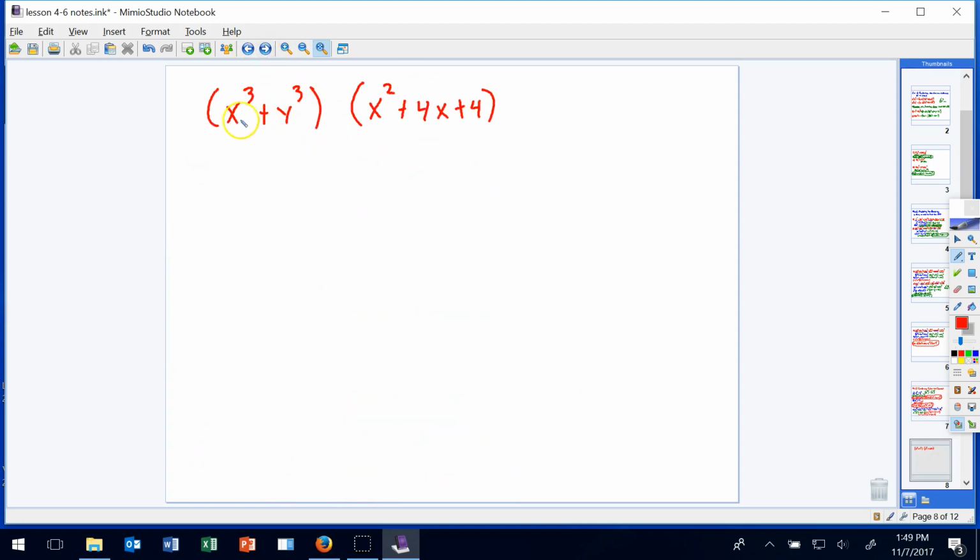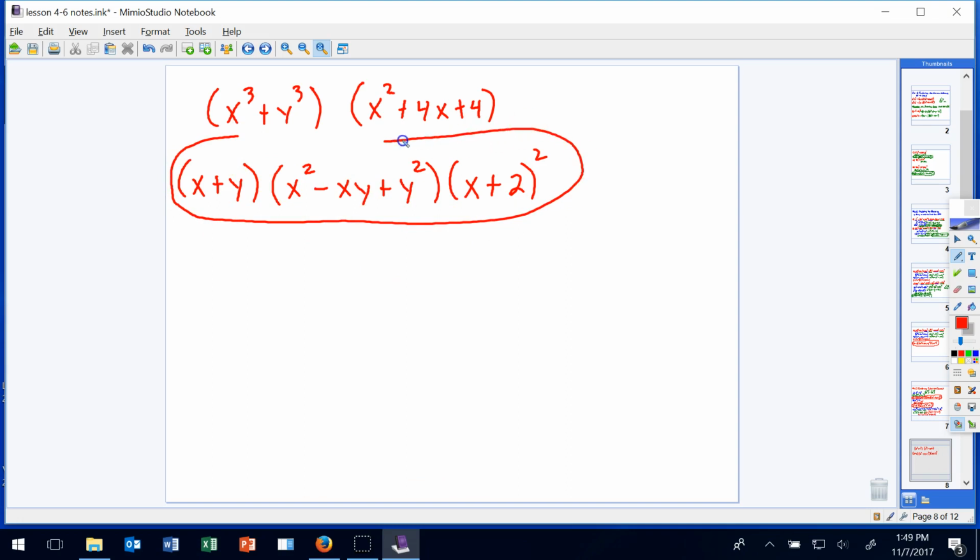Okay, so let's remember how we factor the sum of two cubes, the cube roots. And then remember our pattern, x squared minus xy plus y squared. And then this factors, it's a perfect square trinomial, so x plus 2 quantity squared. There is no other factoring possible, so that ends up being our final factored answer.